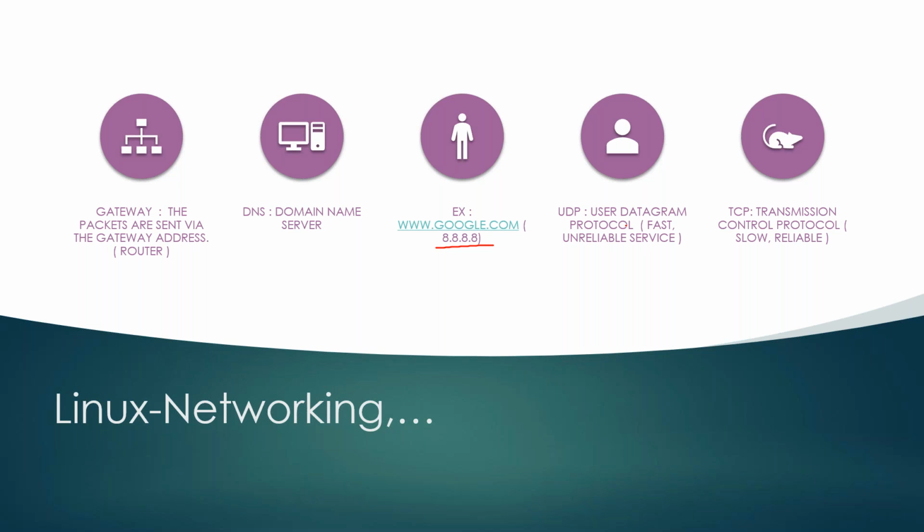So in those situations you can go with the UDP protocol, but there is another protocol, TCP, the Transmission Control Protocol. It is relatively slow, but it is reliable. That means a packet is sent and it waits for the acknowledgement, and only when the acknowledgement is received does it send the next packet.